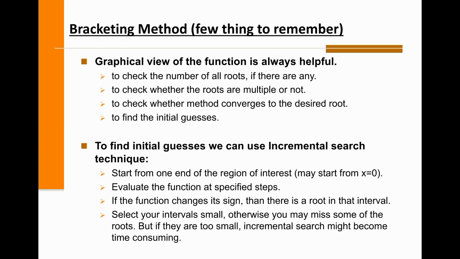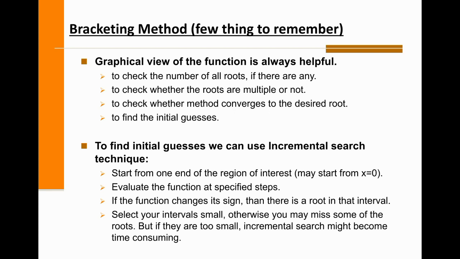Now, in lower classes, you have learnt about the graphical view of a function. Suppose you have a function, and then you divide your x into small intervals, small steps, and at every point you find y and then make a graph. This is called the graphical view.